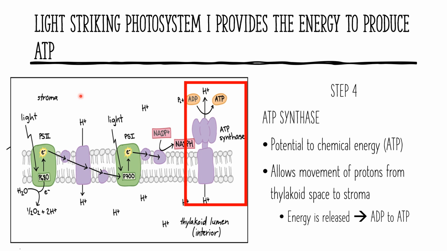The ATP synthase enzyme uses this released energy to add phosphate to ADP, or adenosine diphosphate, and when it does that, it generates ATP, or adenosine triphosphate. This is how you would imagine the ATP synthase to look like. From ADP, it transforms that to ATP.